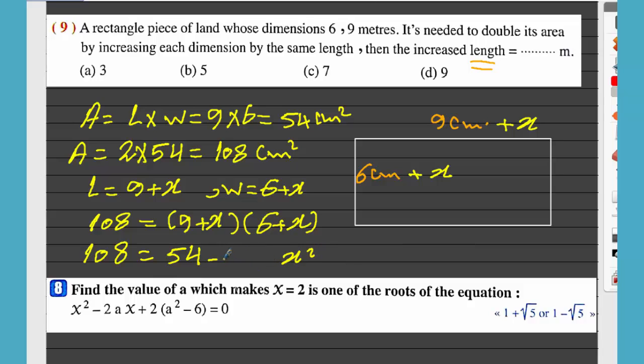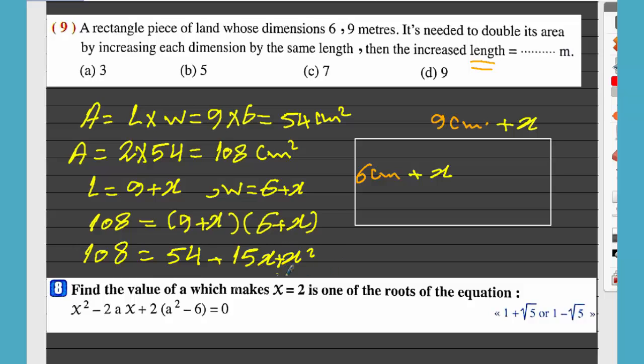I will get the middle term by multiplying the means plus the product of the extremes. So we have 6x plus 9x equals 15x. It is the middle term.